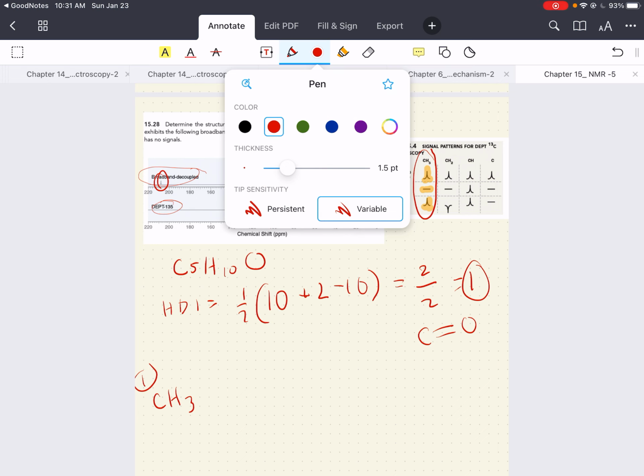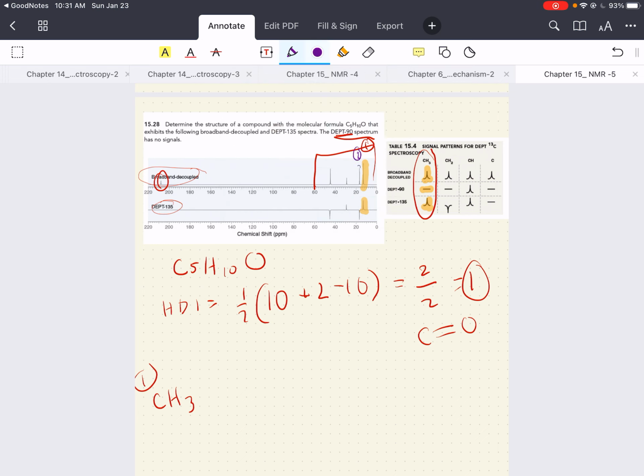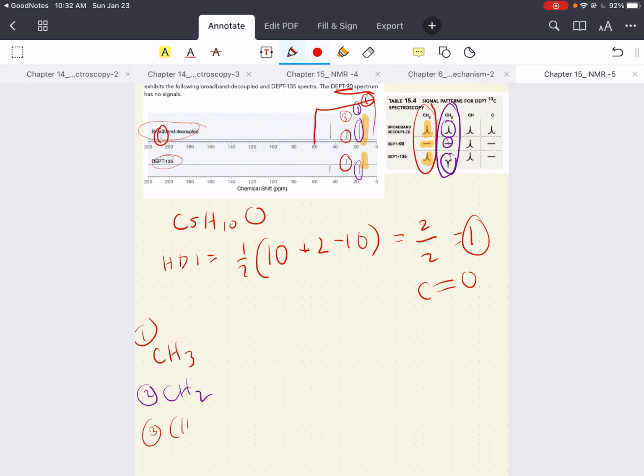Let's look at our second signal. We have a positive peak in our broadband, nothing in our DEPT-90, and then a negative peak in our DEPT-135. That indicates a CH2 group. Then for the third peak, we have positive, nothing for DEPT-90, and positive again for DEPT-135, which is again just a CH3 group.